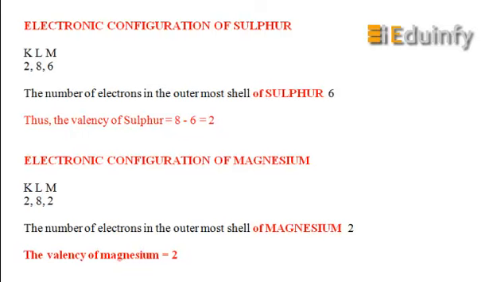So valency of sulfur is 2. Electronic configuration for magnesium. K shell has electrons 2, L shell has electrons 8, and M shell has electrons 2. So in the last shell, electrons for magnesium are 2. So these are less than 4. So valency will be equal to 2.